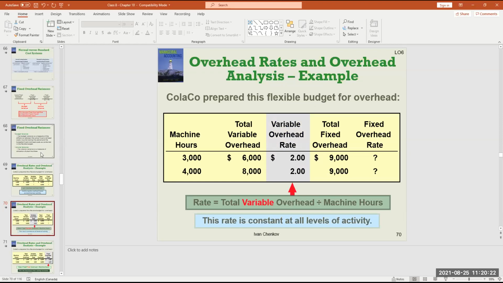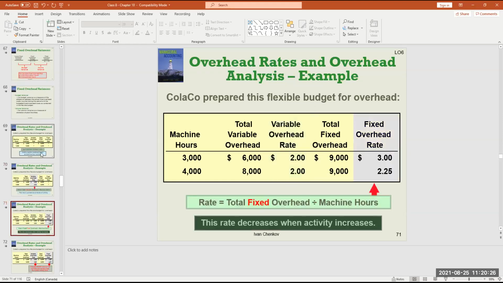Again, the variable overhead rate is the same, $2. But for the fixed overhead, as you can see, the more we're using it, because the total cost doesn't change, we're changing the level of activity. Once we change the level of activity, the fixed rate per unit goes down.